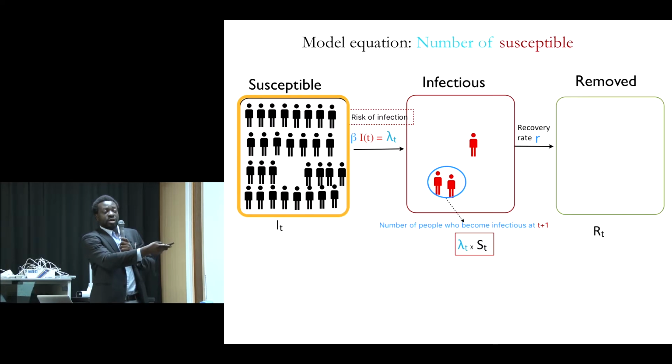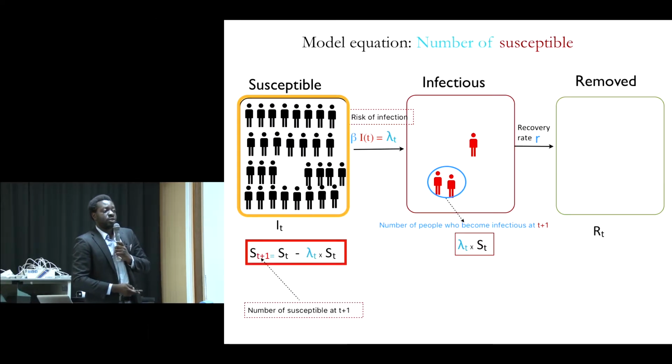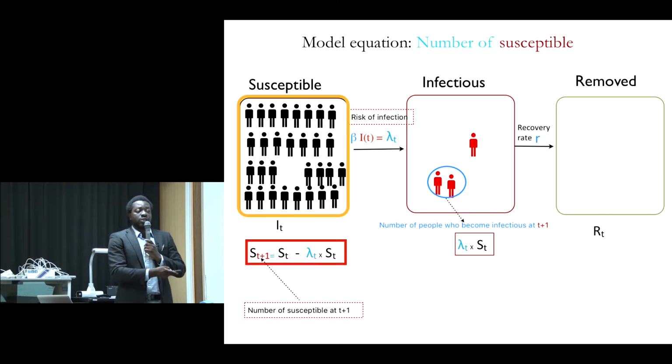Lambda t, remember, is the risk of infection multiplied by the proportion of susceptible. So if we want to predict the changes here, the number of susceptible at time plus 1 is the number of susceptible that we have today minus the number of those who went out. It's this one here. By just subtracting this group here, we predict the number of those who stay here.